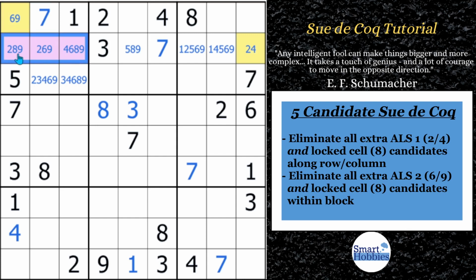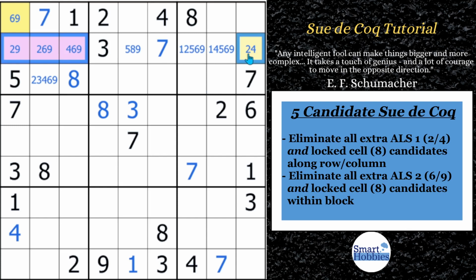And so I'll show you, let's say we put the 8 right here. Right? We put an 8 right there. What would happen to this puzzle? Well, you can get rid of those 8s. Okay? And so you have a 2, 4, 6, 9. And so what you'd see is that this would be a naked quad.